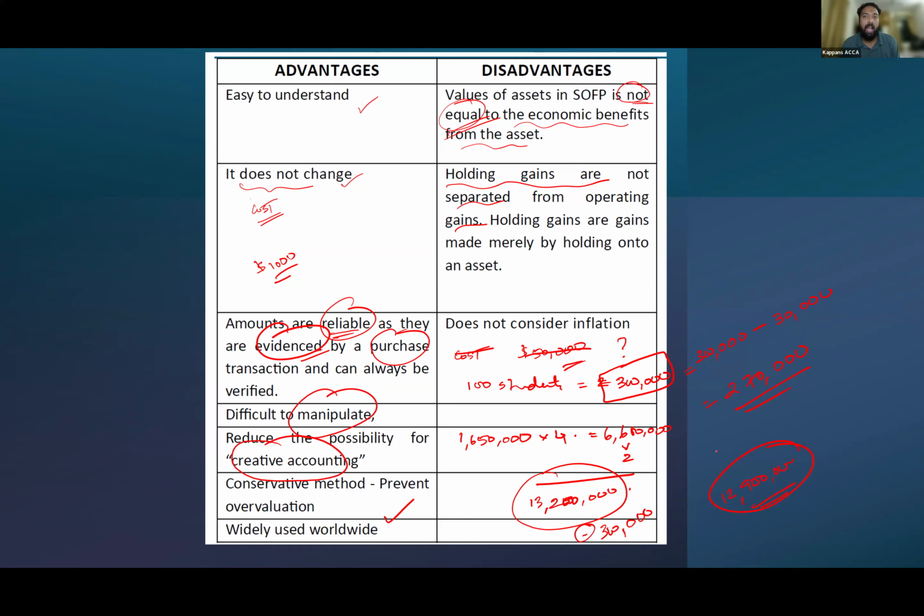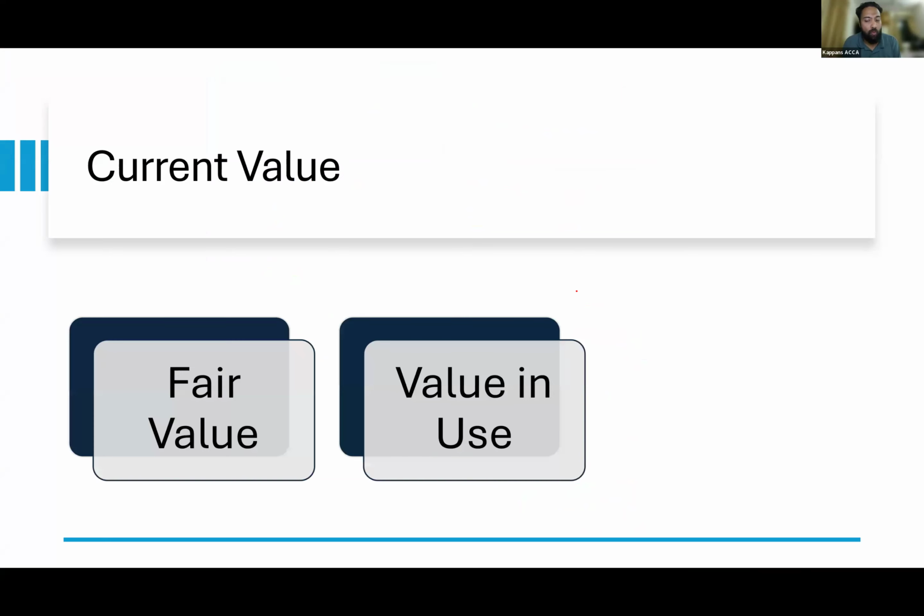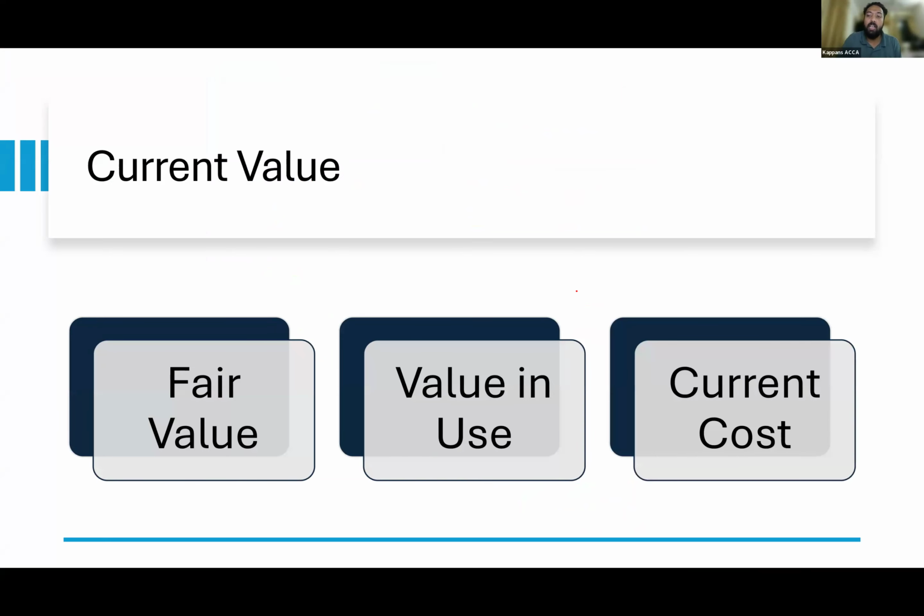Now, what is current value? Current value is basically valuing an asset in SOFP under the fair value method, or under the value in use method, or under the current cost method. Current cost means replacement cost. And what do you mean by replacement cost? It means current purchase price.